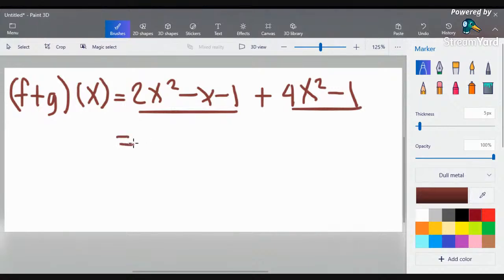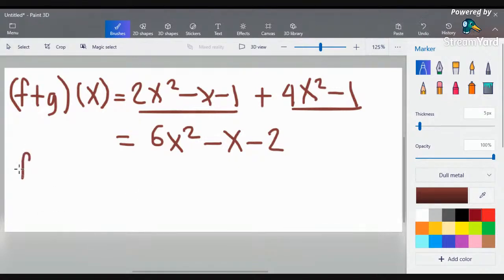Okay, so our answer will be 2x squared plus 4x squared is 6x squared. Then minus x has no other terms in common, and negative 1 minus 1 is negative 2. This will be the answer for letter A.